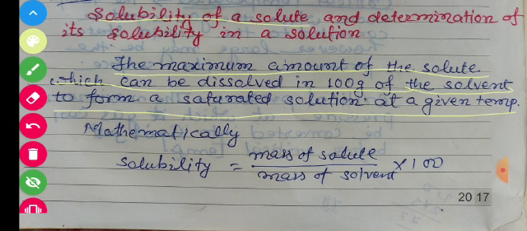Mathematically we can describe it this way: to find out solubility we should know the mass of the solute and the mass of solvent, and then mass of solute divided by mass of solvent into 100 will give us the solubility of the solute in a particular solution.